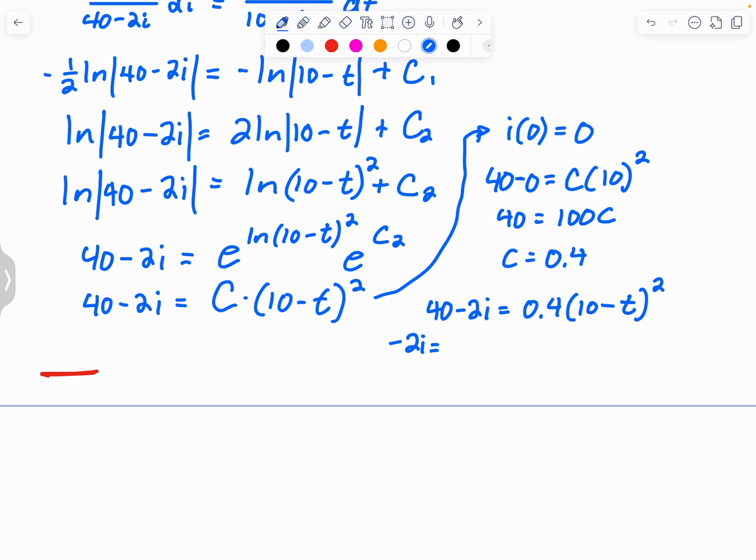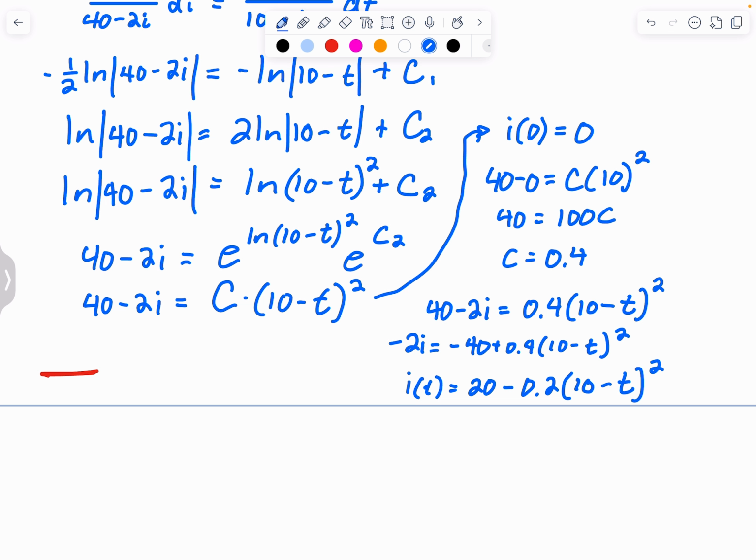I feel like I'm going to lose some of you. Negative 40 plus 0.4 times (10 minus t) squared. So I of t is going to be, dividing everything by negative 2, 20 minus 0.2 times (10 minus t) squared. Now, this is for when t is between 0 and 10.